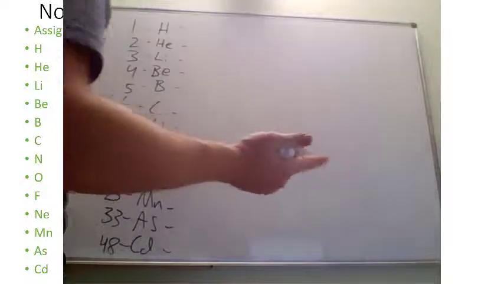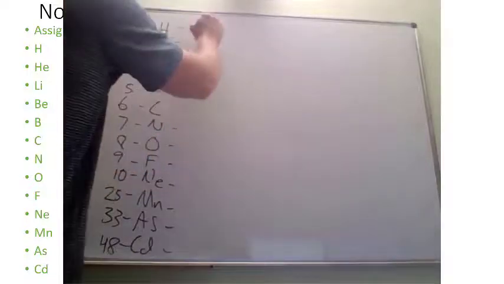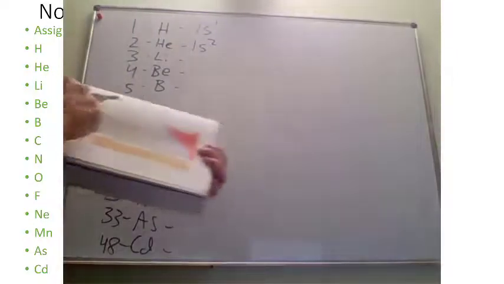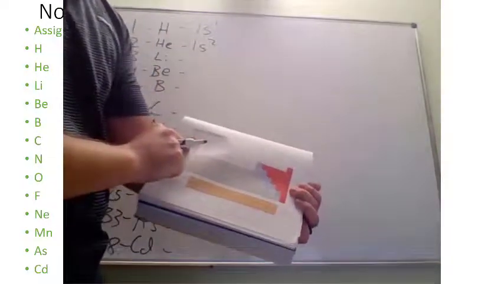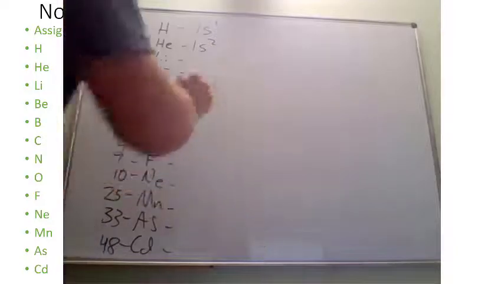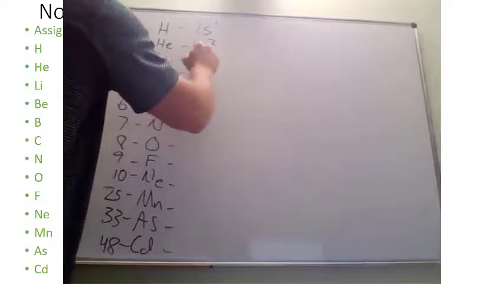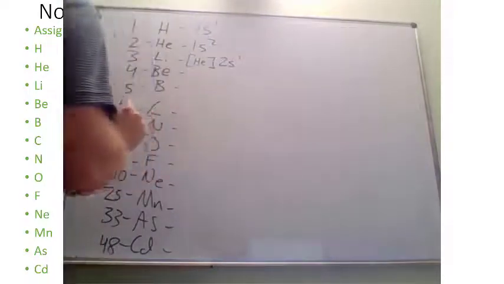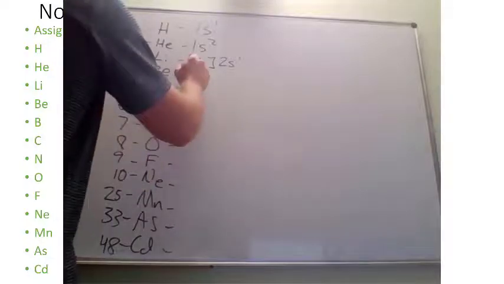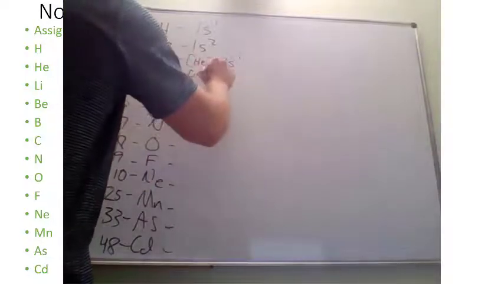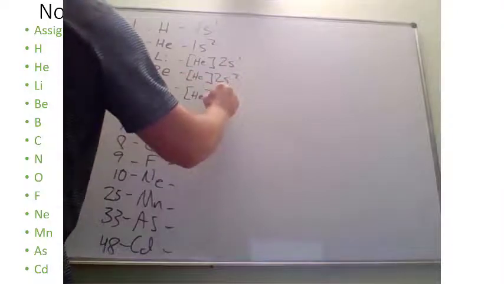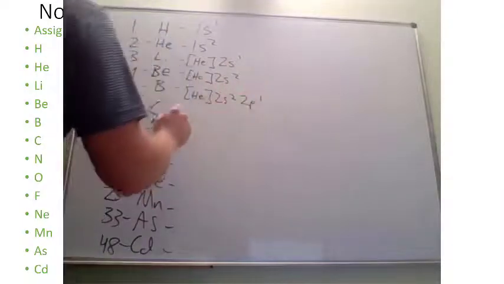Okay, so if we assign our noble gas for all of these, hydrogen and helium do not have a noble gas beforehand, so we just list those as 1s1, 1s2. But for lithium, we see what's the noble gas right previous to lithium. It's helium. And so for that, we put helium in brackets, and then we start directly afterward with 2s1. So it's a bit of a shorthand. For beryllium, same idea, helium 2s2. Boron, helium 2s2, 2p1.